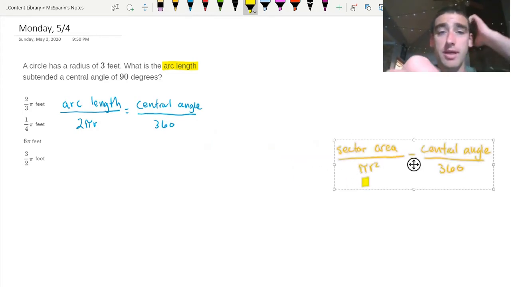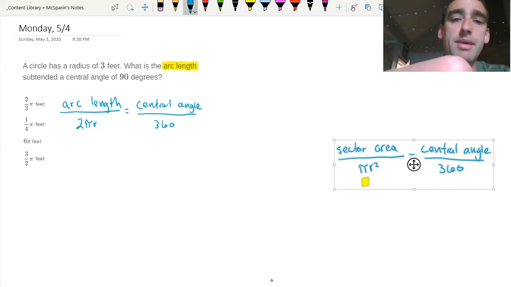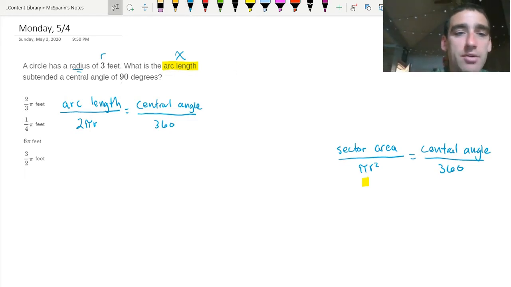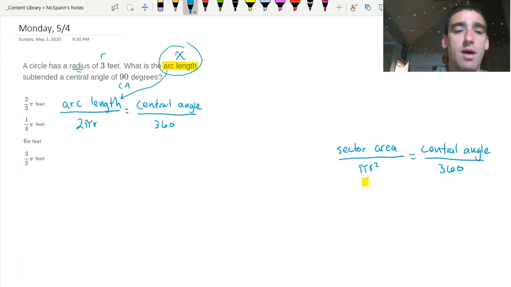Okay, so I'm looking for arc length. Because I'm looking for it, that means it is my x. This says radius, so I know that 3 is going to be my r. And I've got a central angle of 90 degrees. So when I go to rewrite this, instead of arc length, I'm going to plug in x because that's what I'm trying to find.